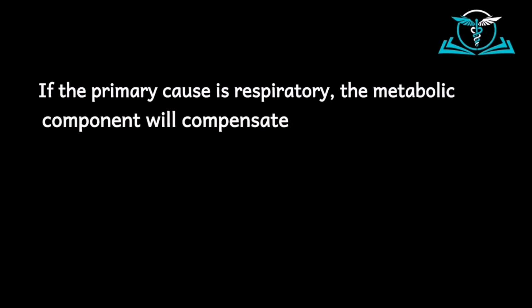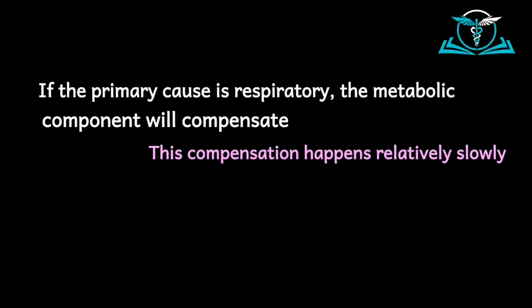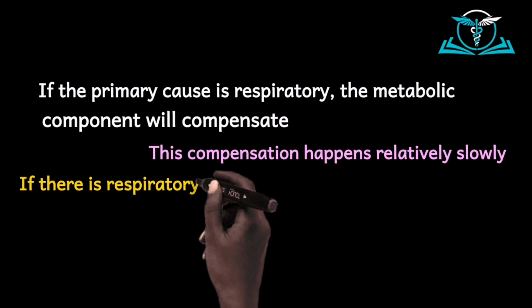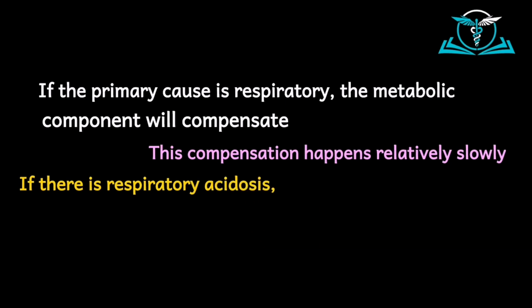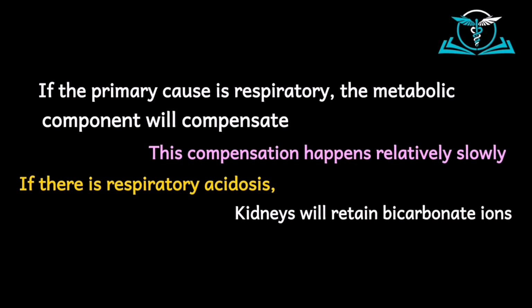The point I want to make here is that the metabolic compensation happens relatively slowly. For example, if you have respiratory acidosis, because there is more acid in the body, what do you think the kidney will do about the bicarbonate ions? The kidneys will try to compensate by retaining more bicarbonate ions, and this will manifest as a raised bicarbonate ion.